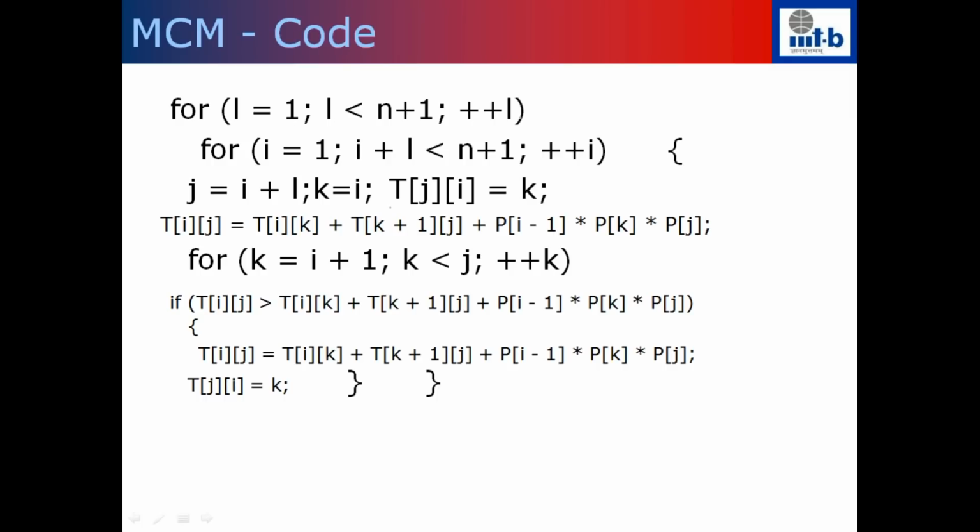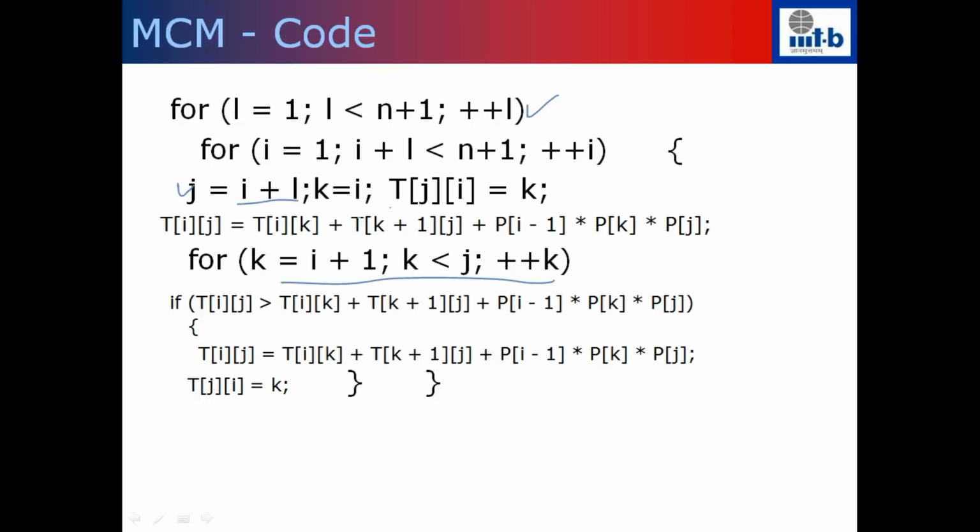After that we look at which diagonal we will be updating, that is the length, which is the difference j minus i. Then for i equal to 1 to n, we set j to be i plus length, and k should ideally go from i to j, and we have to keep track of the minimum.